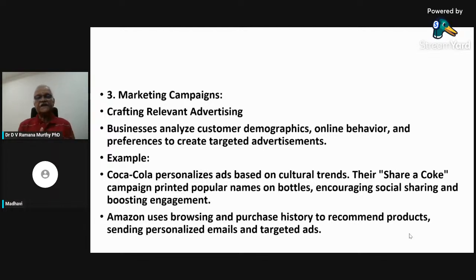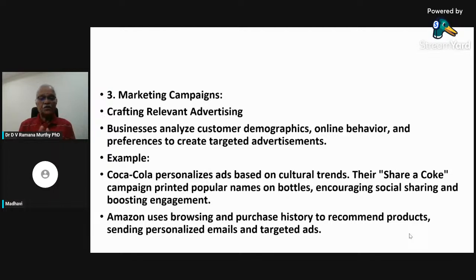So businesses analyze customer demographics, online behaviors, and preferences to create targeted advertisements, because you need to understand demographics, meaning rural areas and urban areas, etc. And the online behavior of the consumers must be examined, so that you know at what time and at what intervals you are supposed to give an advertisement. That's very important. Here also it is data based.